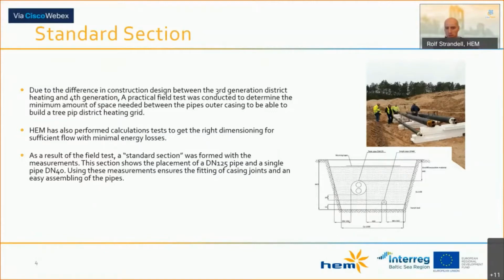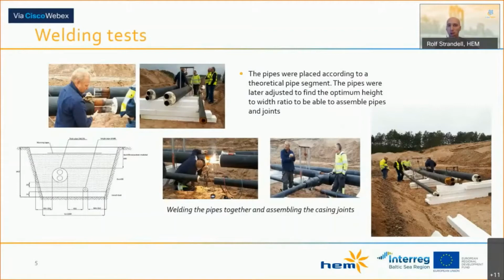So we did some calculations on the placement, and you can see in the lower right corner how we decided. But to be sure that this actually worked, we decided to make some welding tests. Can we build this way? And here you see in the middle where they're welding these service lines onto the main pipe.